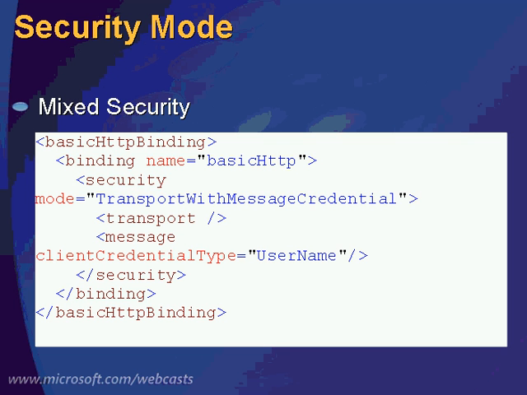And so in that case, we can use this setting called transport with message credentials. That would be typical of basic HTTP binding, for example, when we do a classic web service as we know it today, which is I pass the username and password using interoperable protocols, which means I use the message, not the transport, typically. And I use the transport, which means I have to have an SSL certificate installed in IIS for this to work. And we'll see an example of that later.